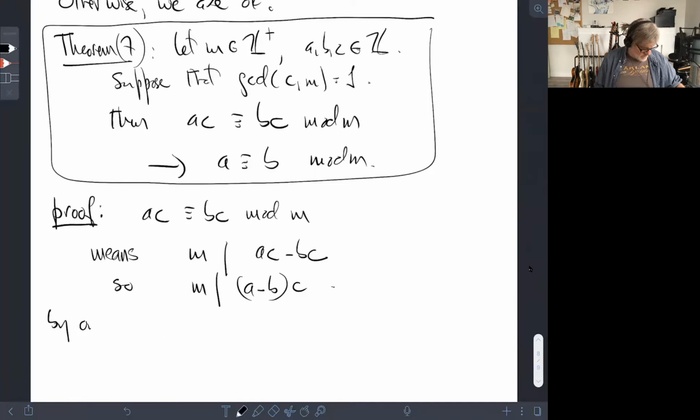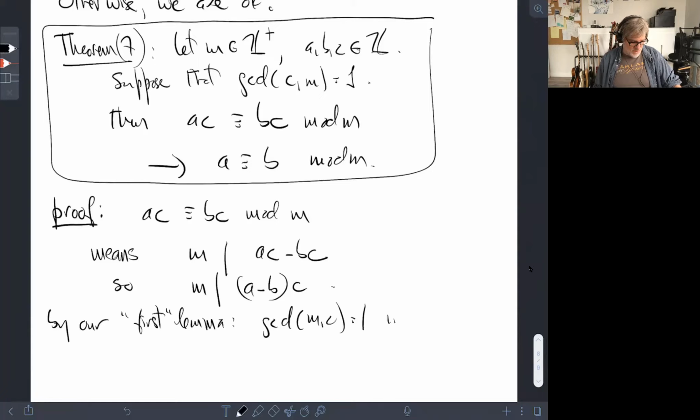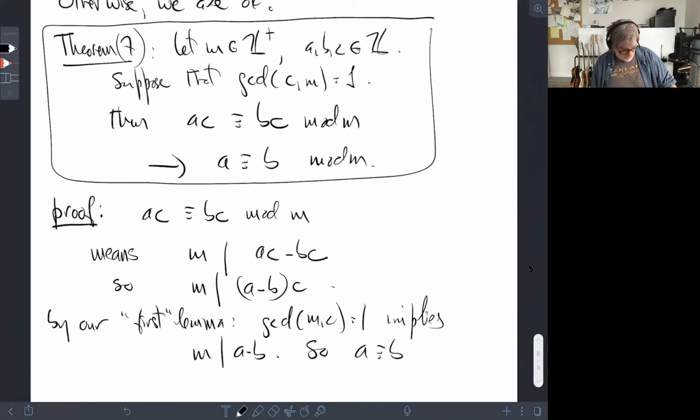By our first lemma today, GCD of M and C equals 1 implies M divides A minus B. And what does that mean? It means A is congruent to B mod M. I hope this makes sense.